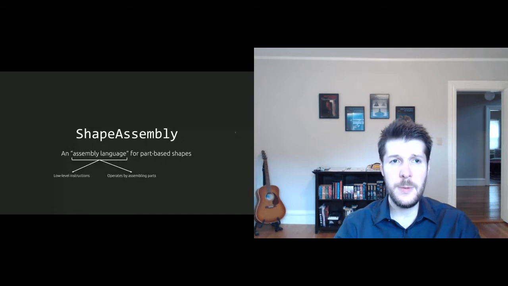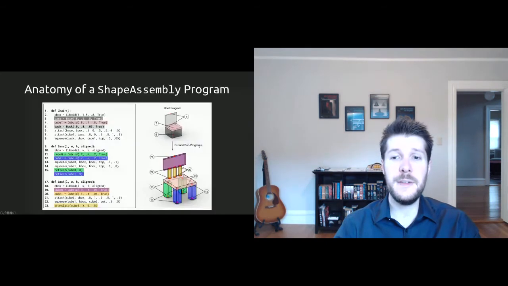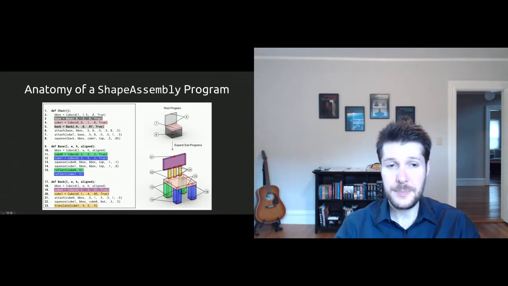So we can look at what the anatomy of one of these programs looks like, and essentially it's a hierarchical program. At the root we have a set of boxes that are connected together. Here I use operators like cuboid to declare these boxes, and I have operators like attach, which specify how these cubes are attached together, and these little red dots are showing where the attachment points actually occur.